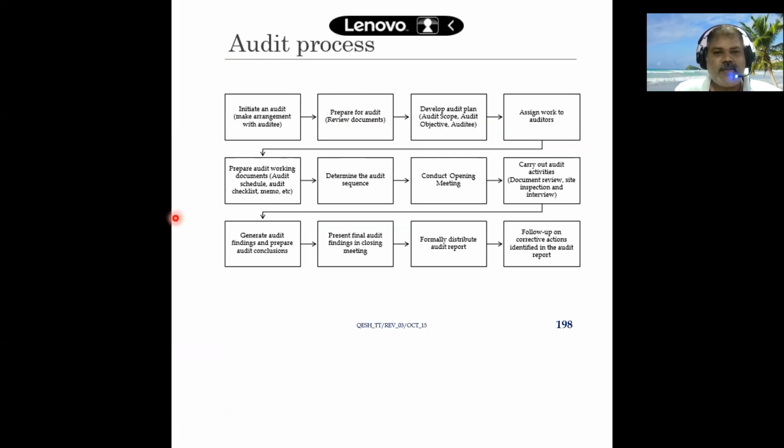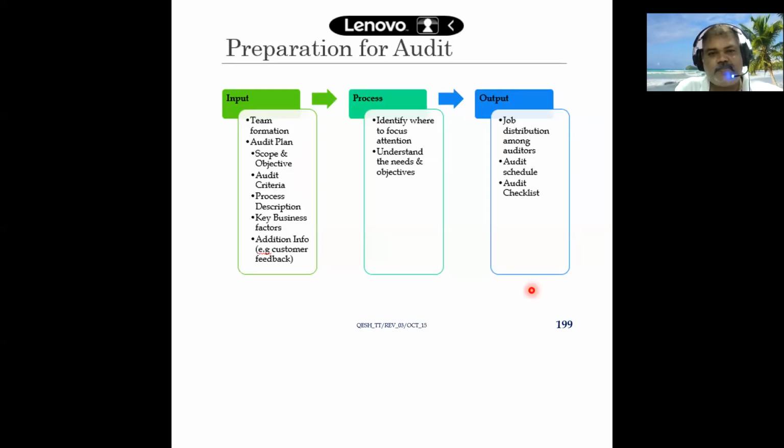Prepare audit working documents, audit schedule, audit checklist and memo, and determine audit sequence, conduct opening meetings, carry out the actual audit, then review site inspection and interview. Review your audit findings and prepare audit conclusions, present final audit findings in the closing meetings, and formally distribute the audit reports. Then follow up on the corrective action.